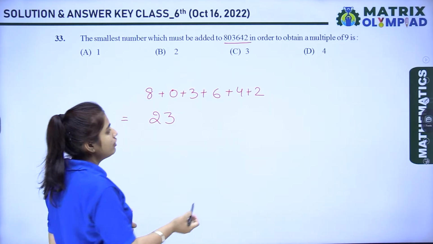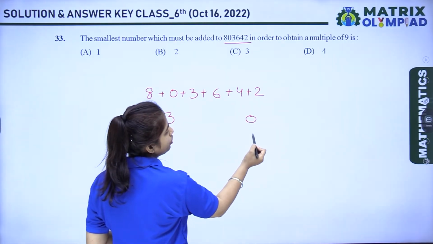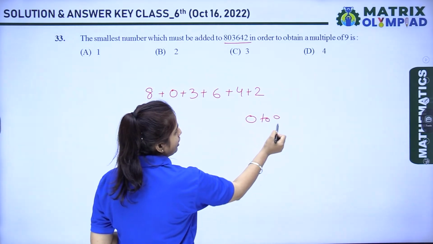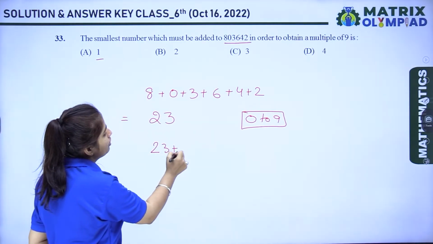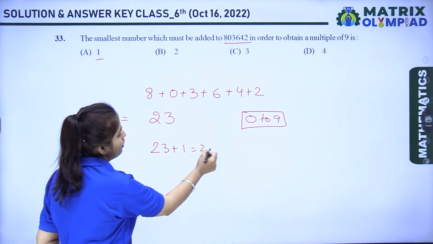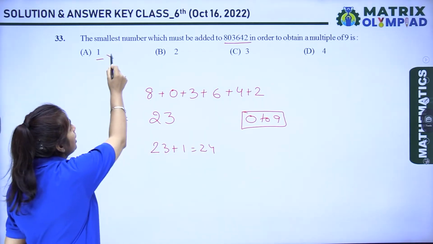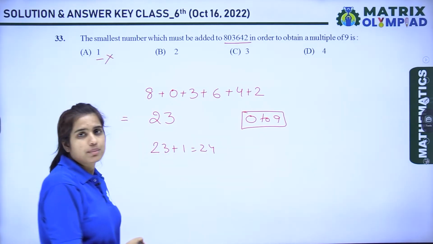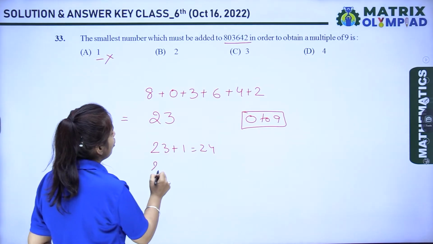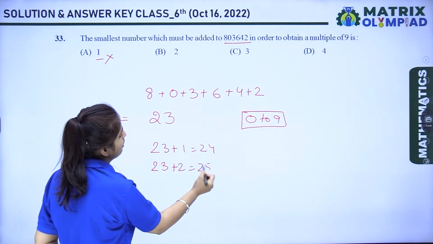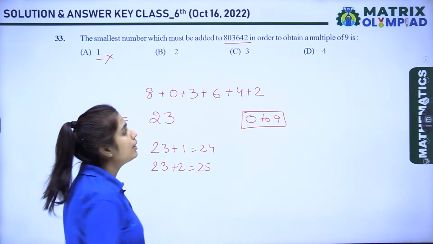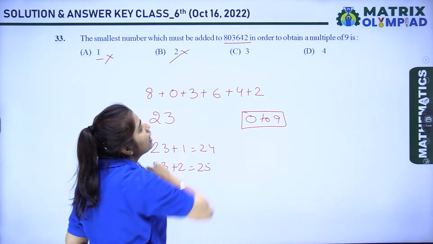Here we have options 0 to 9. If we add 1 to 23, we get 24. So option A is incorrect, as 24 is not a multiple of 9. Next option is 23 plus 2, which gives us 25. 25 is again not a multiple of 9, so option B is also incorrect.